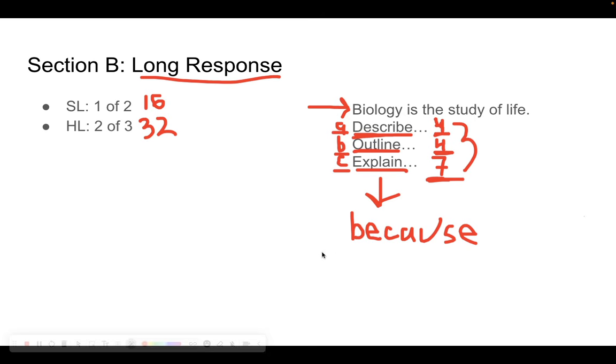You could say a bunch of stuff about water, and then define living things, and then say how they're related, like water is important for life because, and then give some reasons. Relationship.